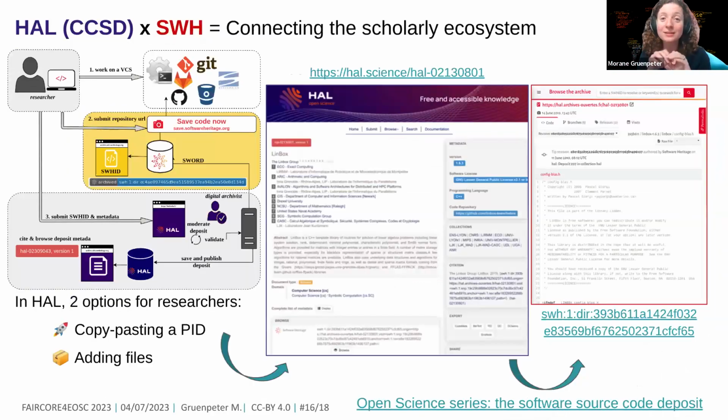Just a small example we have worked a lot on is the connection between HAL, which is the French National Archive, and Software Heritage, and it is the example we are using to develop the other components in Work Package 6. In this example, you can see that a researcher is working on a version control system, submitting the repository URL with Save Code Now that you have just seen.